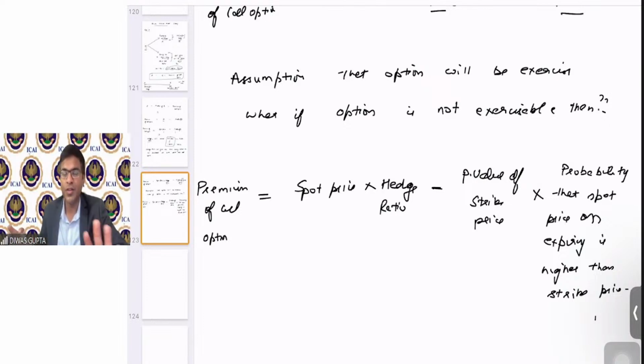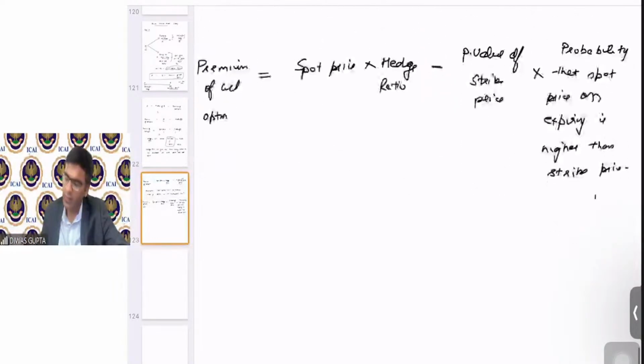So this is it, students. This is the formula. We have derived the formula. Spot price multiplied by hedge ratio minus present value of strike price multiplied by the probability that the option will be exercised. In a way, the probability that the spot price on expiry will be higher than the strike price. Okay.